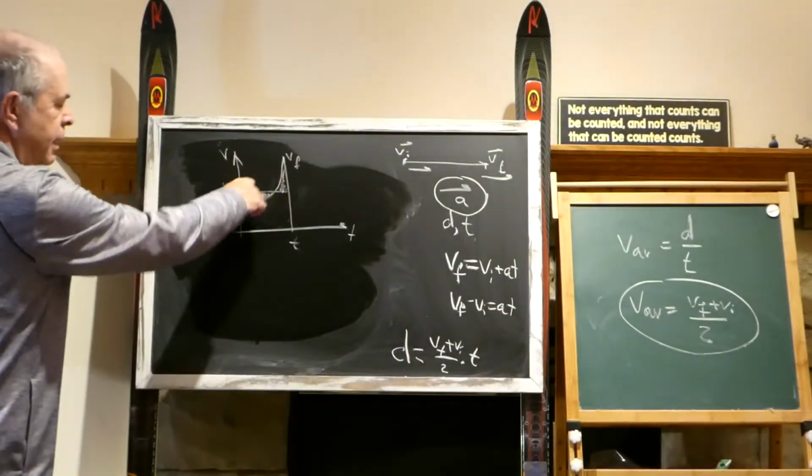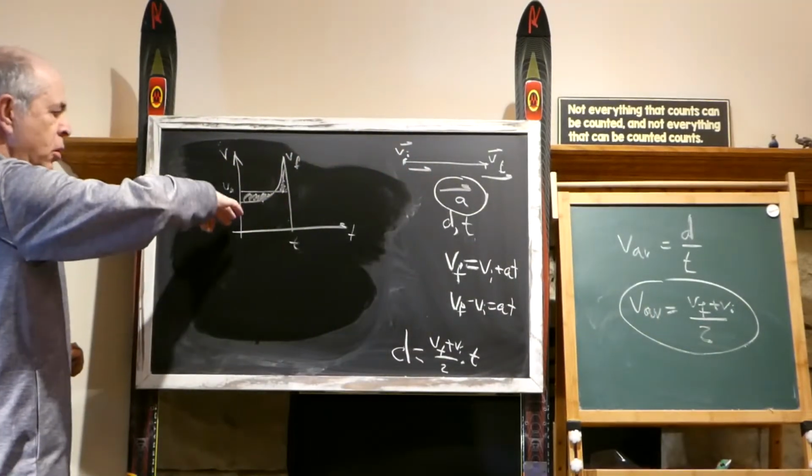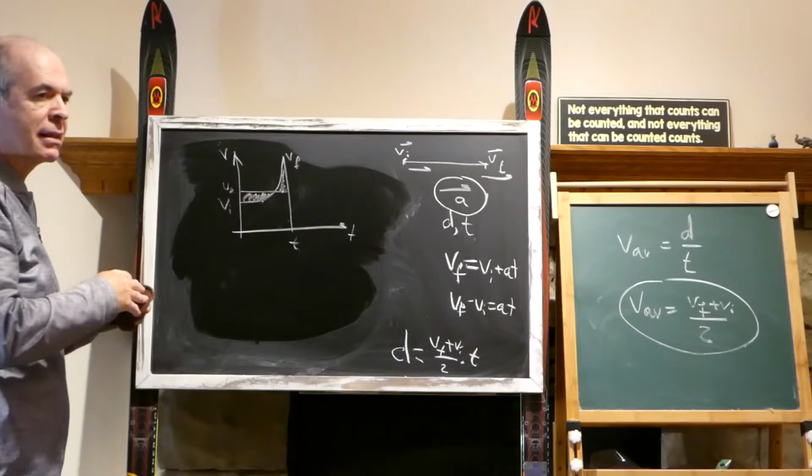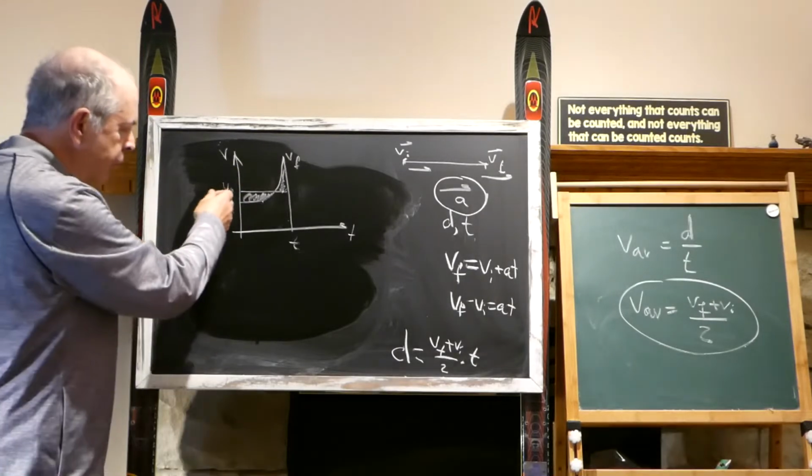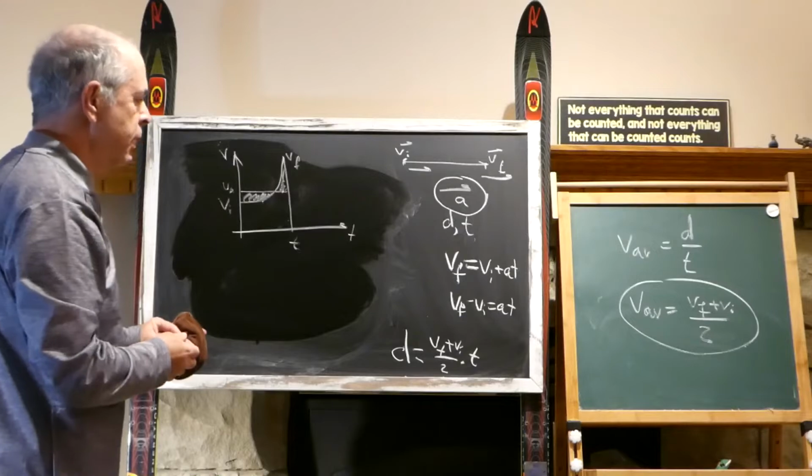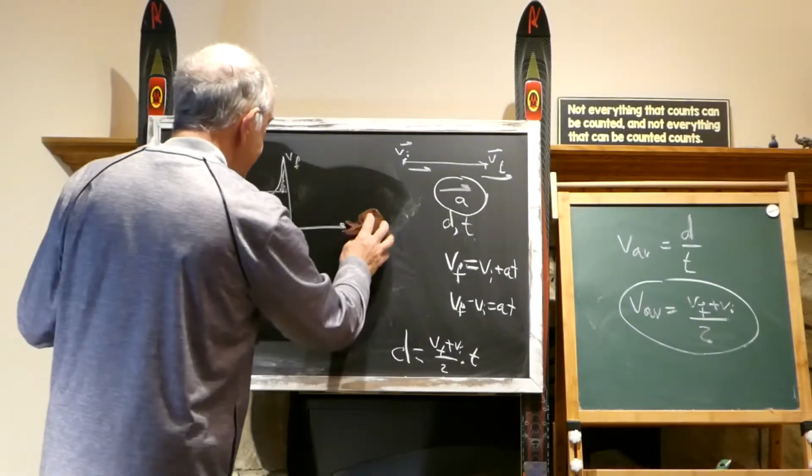Average here is completely different, it's closer to the speed that's executed longer during this period of time.